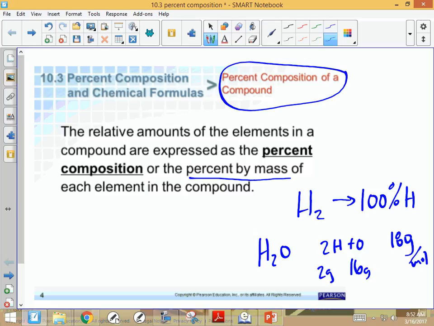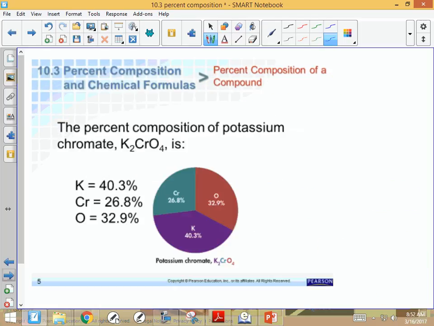So even though hydrogen outnumbers oxygen 2 to 1 in water, the oxygen is actually a much higher percentage of the composition when we're talking about mass. Okay? Everybody got that?